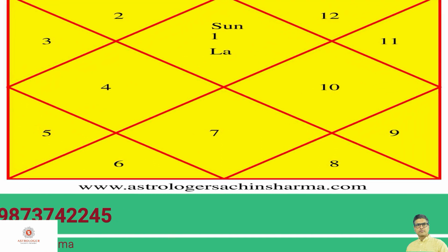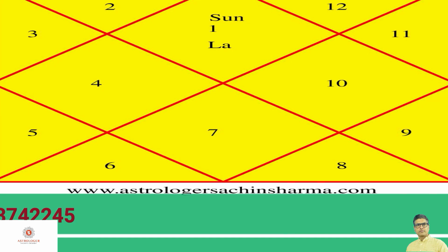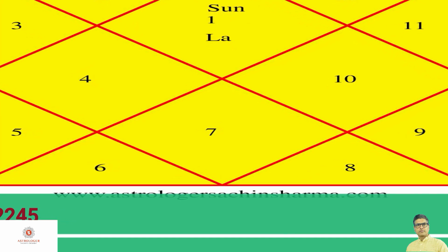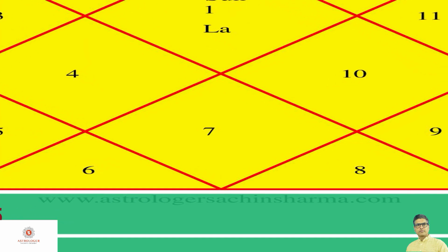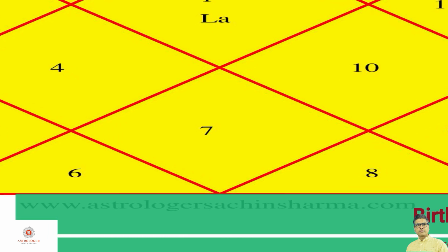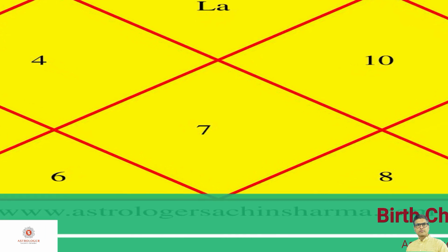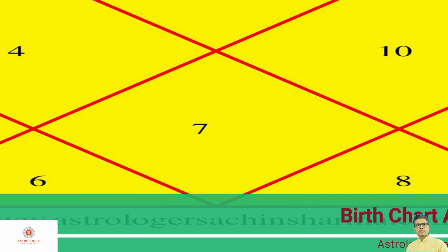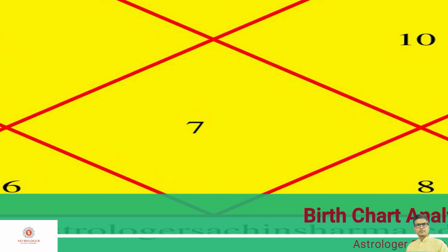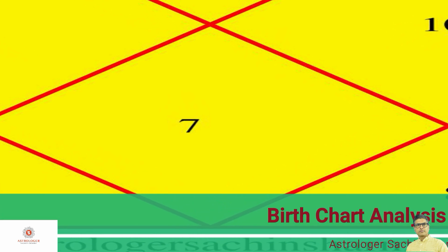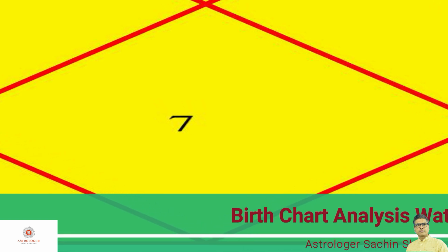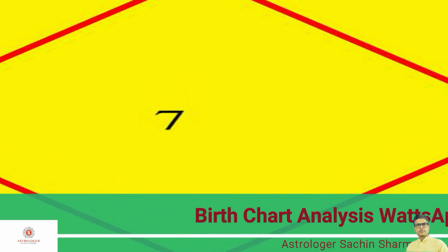So here Sun is placed in Aries sign, and if we count 7 houses from Sun, that includes the house where Sun is placed, we will find that the 7th house from Sun is of Libra sign. So that means Libra is the debilitated sign for Sun.